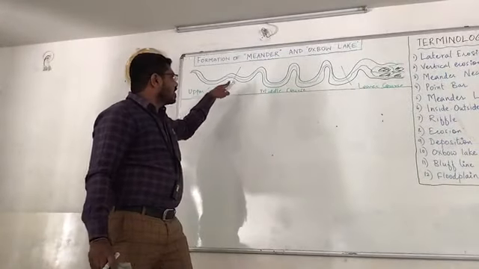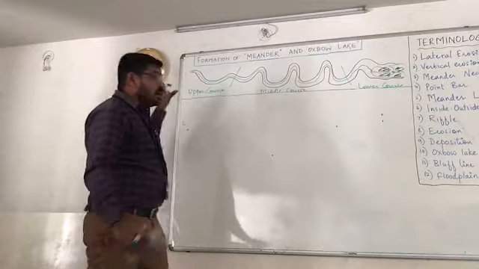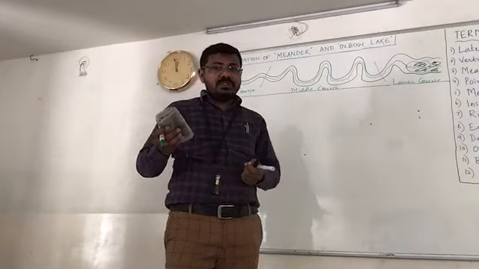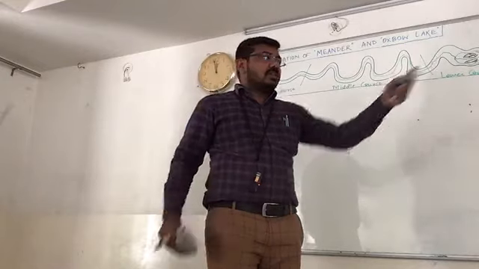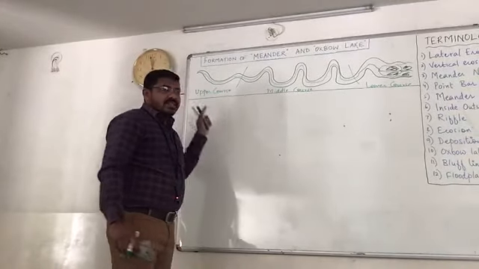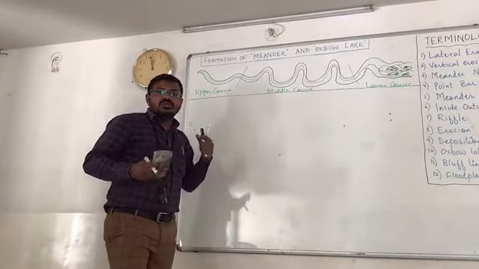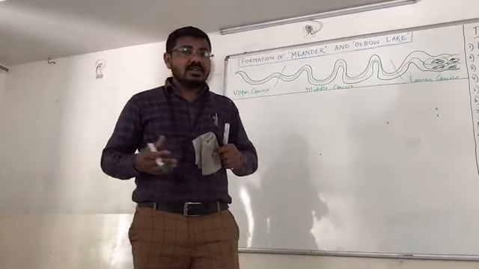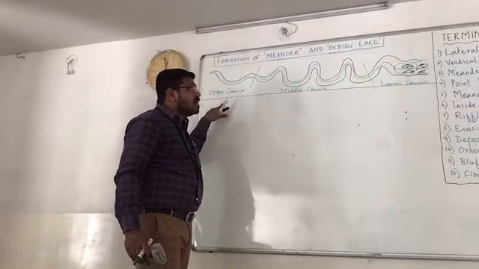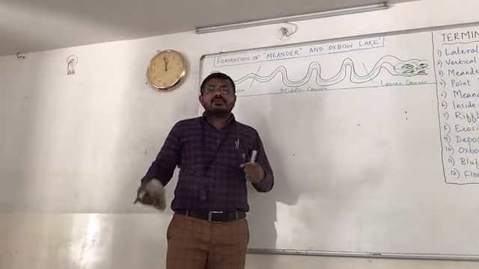Now if you see the difference among the upper course, middle course, and lower course, in the upper course the rivers are able to do more vertical erosion, and so valleys, gorges, and canyons are formed there. When the river enters into the middle course, what happens?